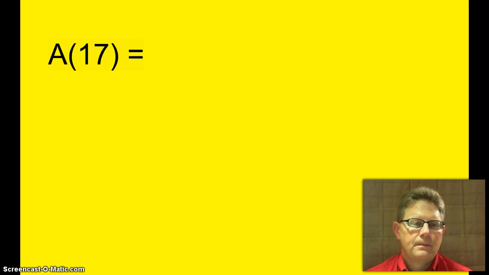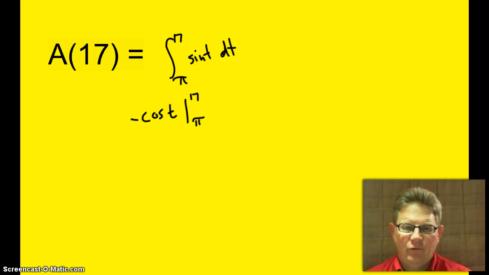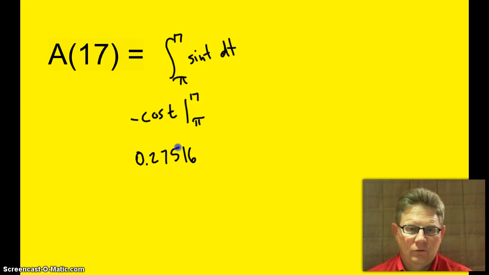Let's try one more. What is a of 17? Okay, that would be the integral from pi to 17 of sine t dt. So that would be negative cosine of t evaluated at 17 and at pi. And of course, I do not have that memorized, so I had to pause it and look it up. The negative cosine of 17 is 0.27516.